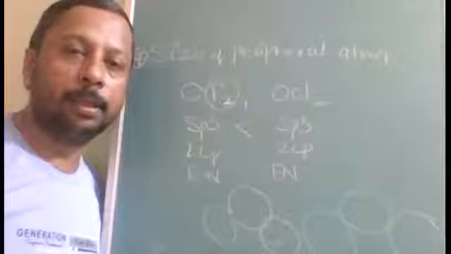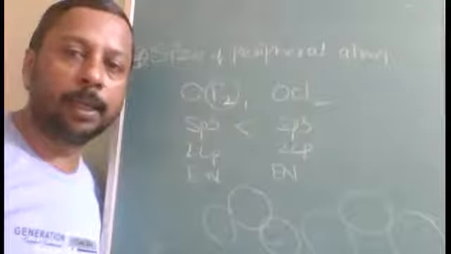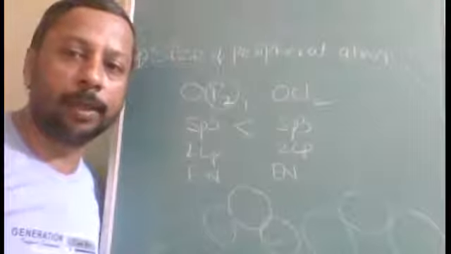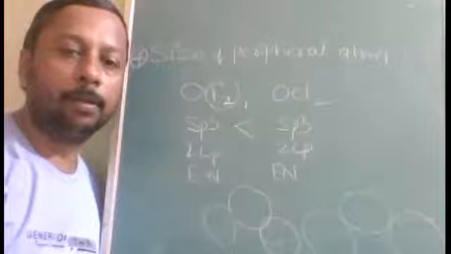Why? Because the size of the chlorine atom is bigger than the size of the fluorine atom. Note this down. Now I am giving a question where you have to arrange them in increasing order of bond angle. It covers all the rules. Whatever four rules I have told you, all those four rules will be utilized.